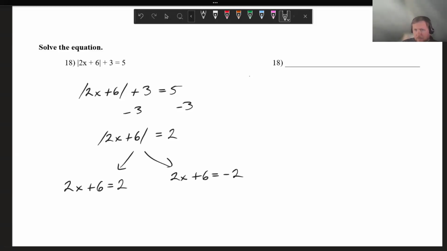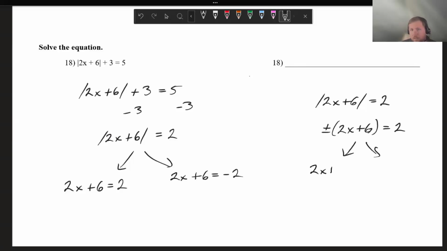The way that you can actually think about this is, once you have it here, really a good way to think about absolute value is you can replace it with this, and then you have your two equations. This is the way I personally like to think about it, because it's super versatile and it keeps me out of trouble.